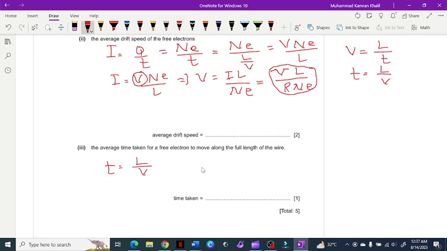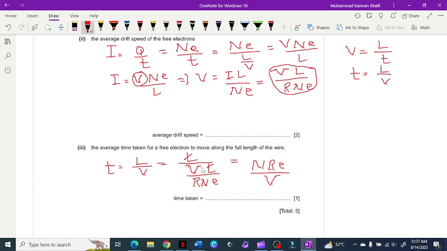For speed we have already calculated the expression in part 2: V L over R N e. So this L will be cancelled out, giving N R e over capital V. So this is the derivation related with this question.